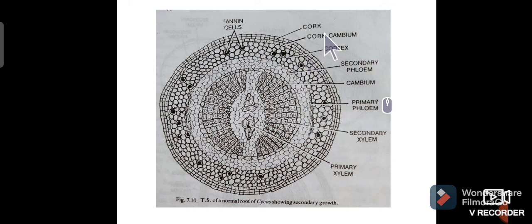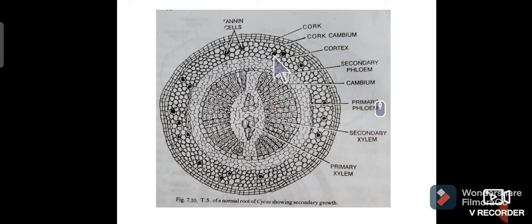This phellogen produces dead cells of cork on the outer side, and the living cells of secondary cortex, or phelloderm, towards the inner side.